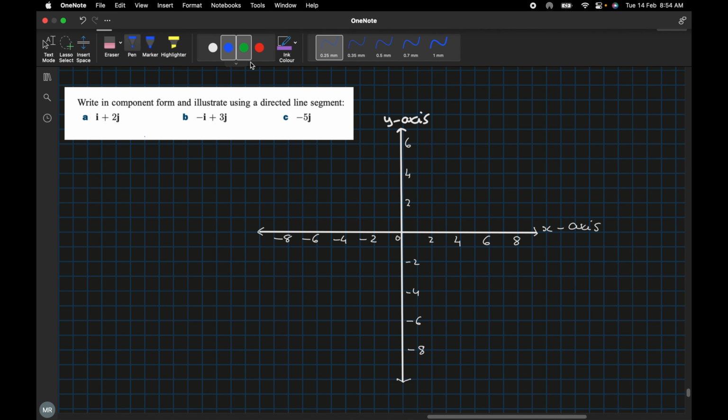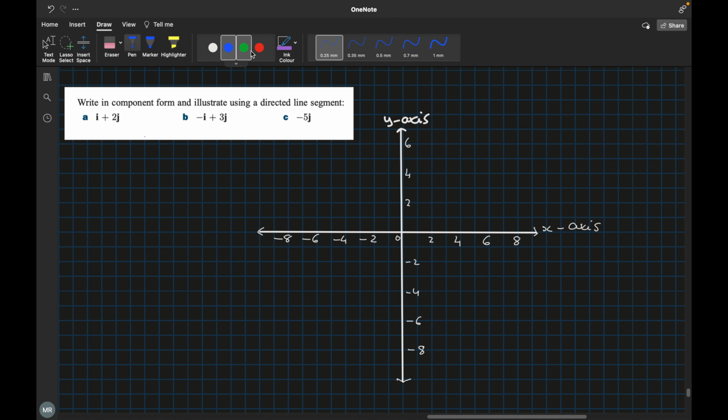We have to write in component form and illustrate using a directed segment. So the first one, let's use purple. We have to write in the component form. So it's going to be 1, 2. And this is going to be simple. This is i, j, and j. So therefore, this is vector A. And now let's look at this.